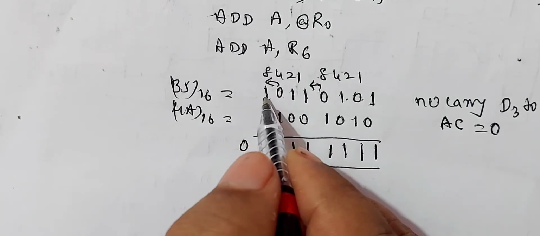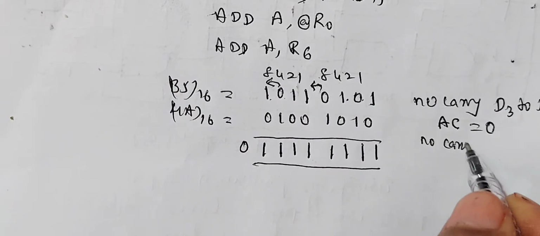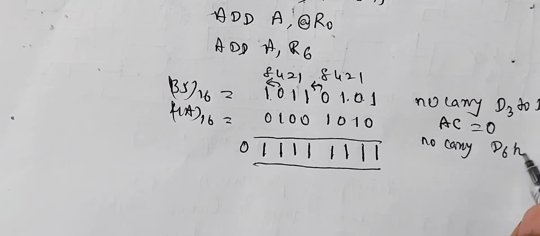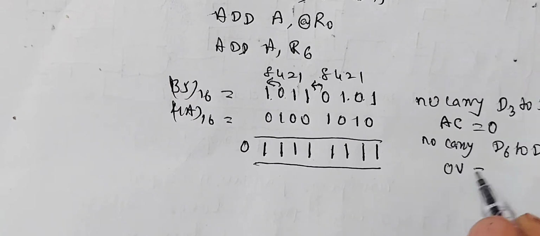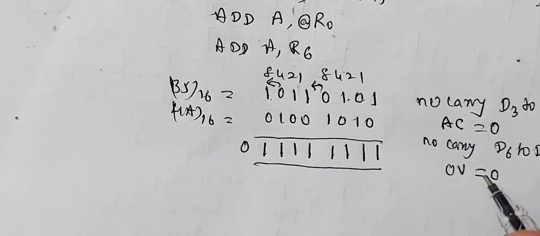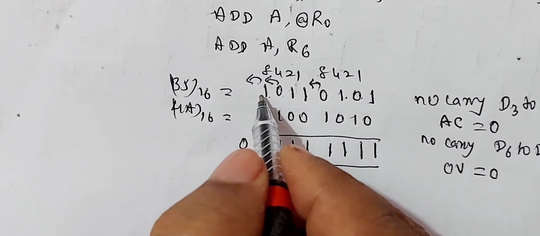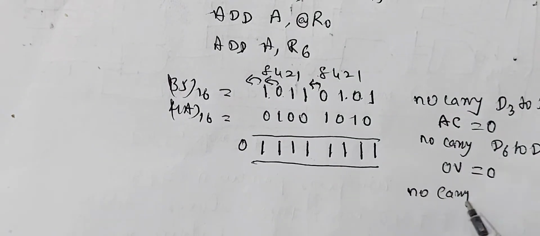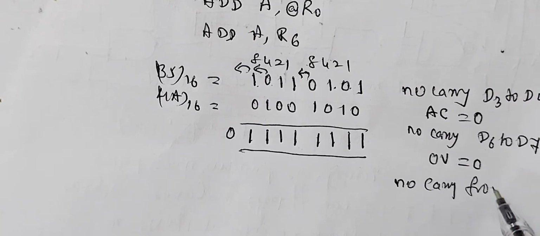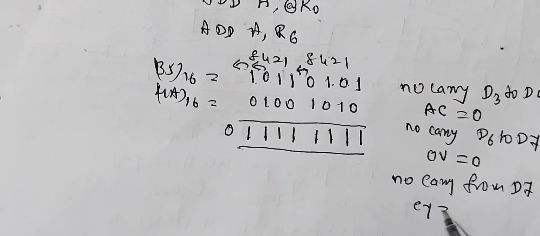This is represented by the overflow flag. Since there is no carry from D6 to D7, it is 0. Is there any carry out of the last bit D7? No carry from D7. Therefore, carry flag CY is equal to 0.